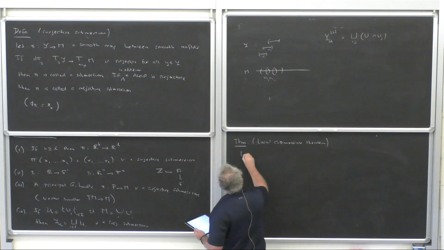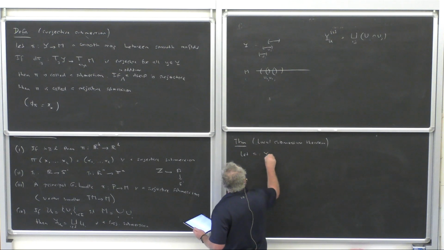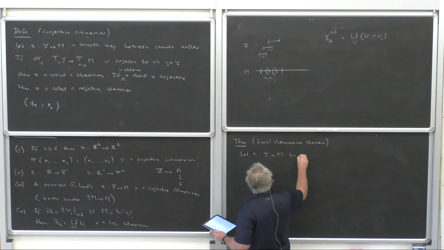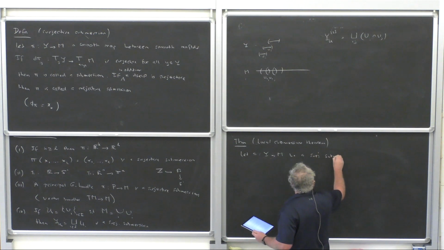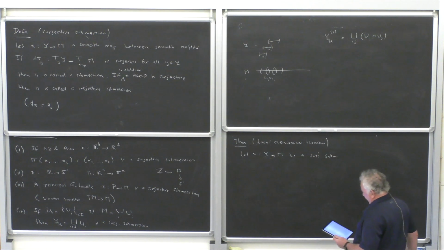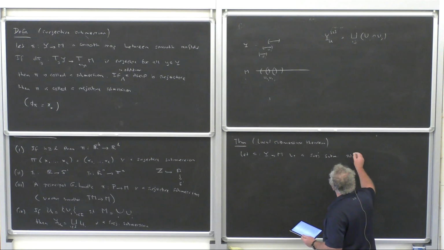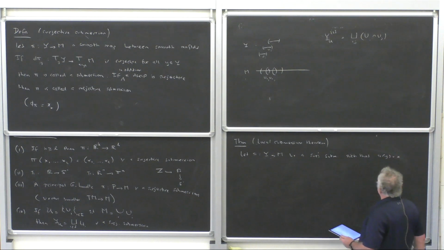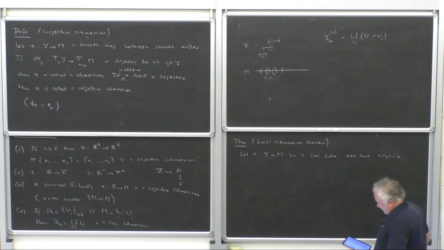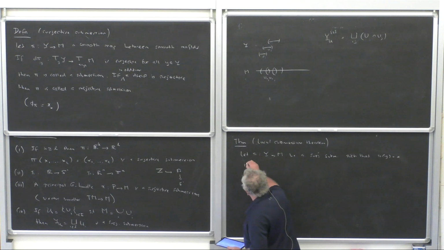Let pi be a surjective submersion such that pi(y) equals x. Then there are just local coordinates.